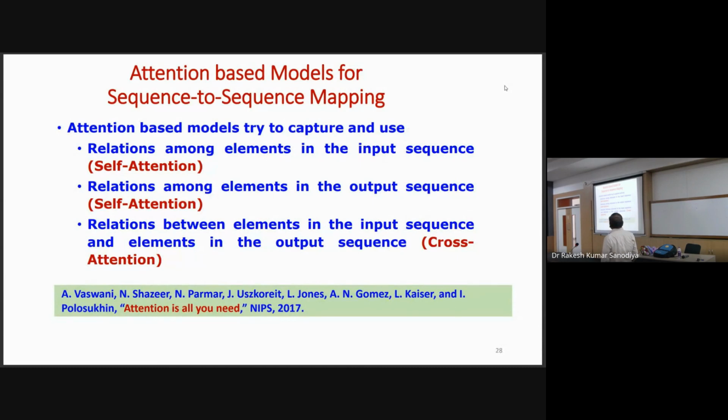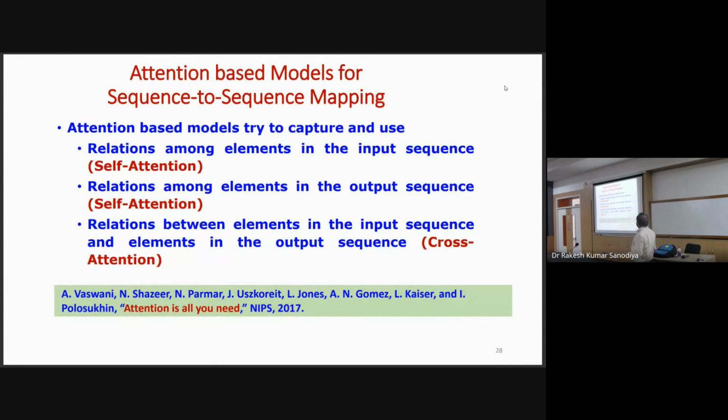And there are so many systems based on the transformer model proposed in this paper that are being explored extensively nowadays for many deep learning tasks. And we'll be looking at how to do these sequence-to-sequence mapping tasks using what are known as attention-based models. And as I said, we are trying to capture the relations among the elements of a sequence, and we use these attention-based methods to capture these relations.